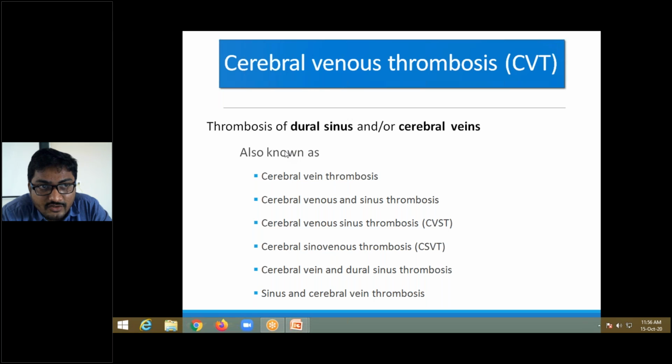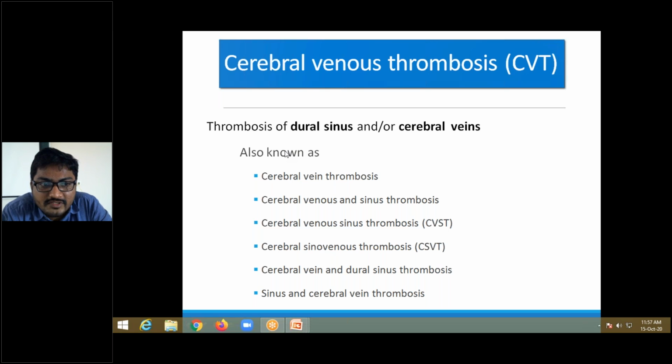Don't tell frontal sinus, maxillary sinus, ethmoidal sinus. Please tell me the venous sinuses. Cavernous sinus, okay. Superior sagittal sinus. Okay.